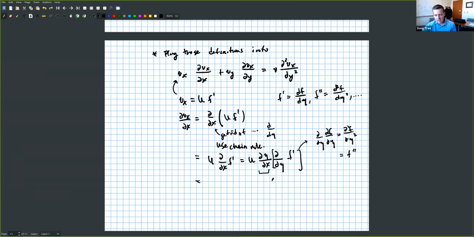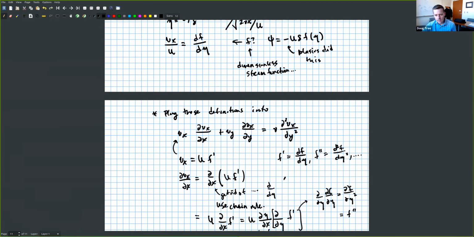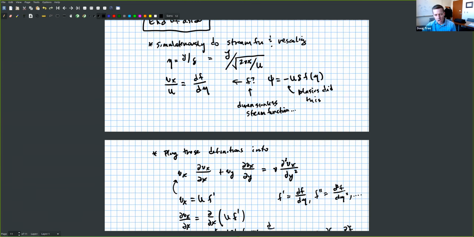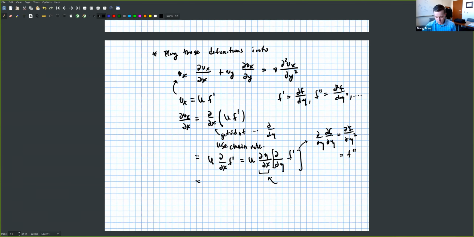Okay, but then I need this derivative here. What's d eta dx? Well, I have eta up here. I said eta was equal to y over the square root of 2 nu x over u. So that's what I need to take the derivative of. d dx of y divided by the square root of 2 nu x divided by u.